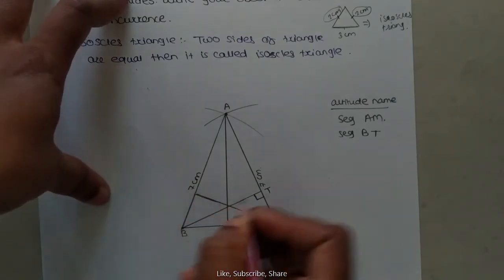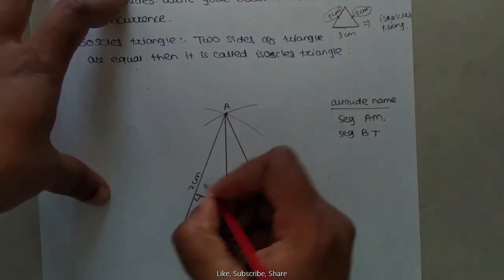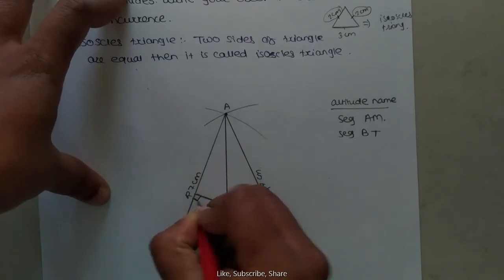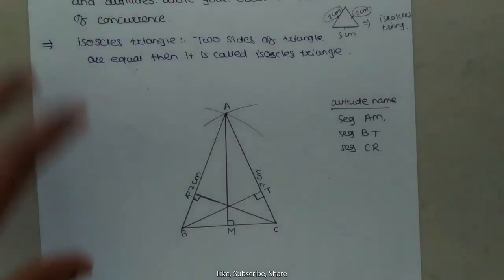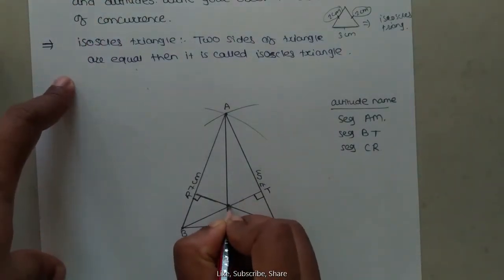Okay, this is R. So segment CR is also an altitude. So these are the altitude names here. Clear? Now next.